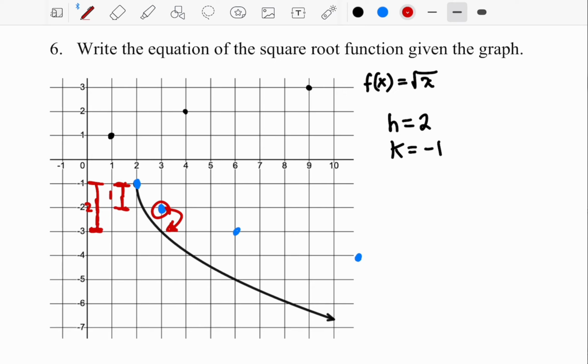So what I would do is create a stretch factor of 2 and see if that gets the job done. I know the a value had to be negative because there was a reflection. I suspect it's negative 2. So I think my function here, f of x, is going to be negative 2 times the square root of x minus 2, minus 1.